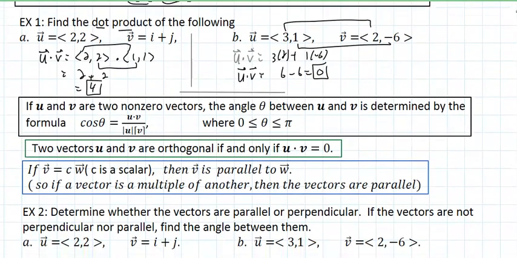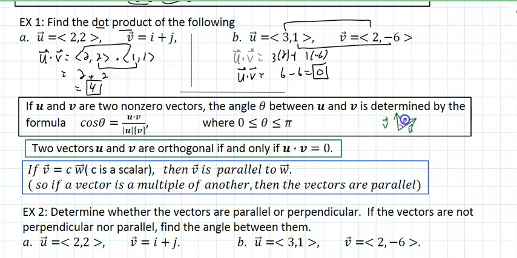Now, we could use the dot product for many things. First things first. If you give me two vectors that share a common vertex, this is vector u, this is vector v.